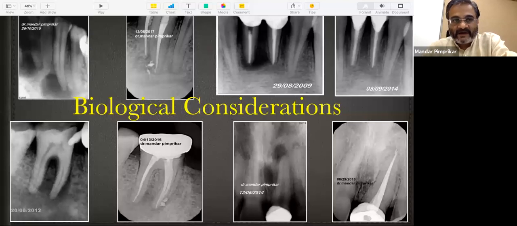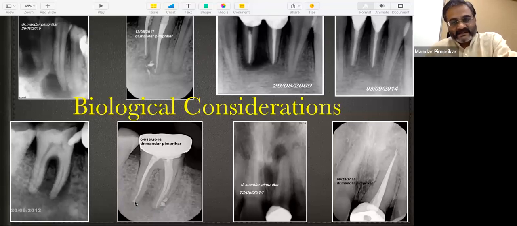So now if you look at these radiographs here, what we want to do predictably is to get from this situation to this situation, get from this situation to a healed, completely healed situation, get from this chronically infected periapical lesion to a completely healthy bone.